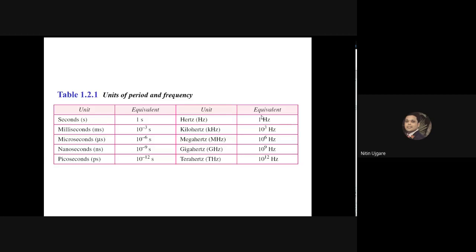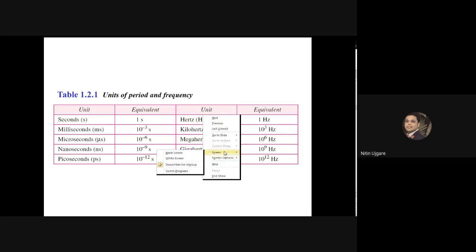Hertz takes different values like 1 hertz, 2 hertz, 3 hertz, and so on. Kilohertz is the next unit of measuring frequency. So 1000 hertz is equal to 1 kilohertz.